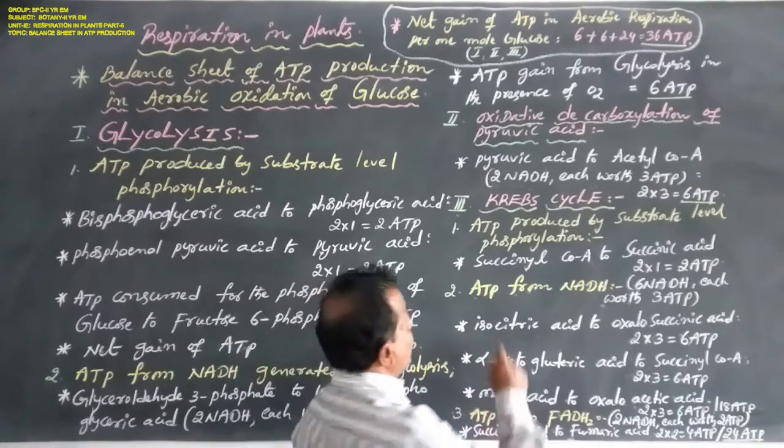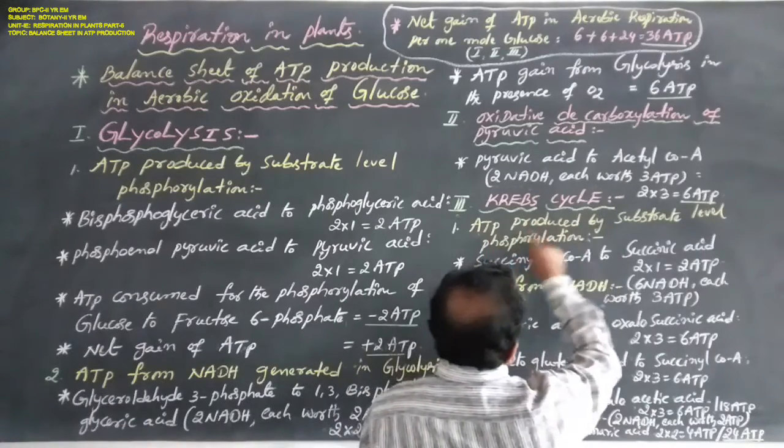Now, ATP produced by substrate level phosphorylation.